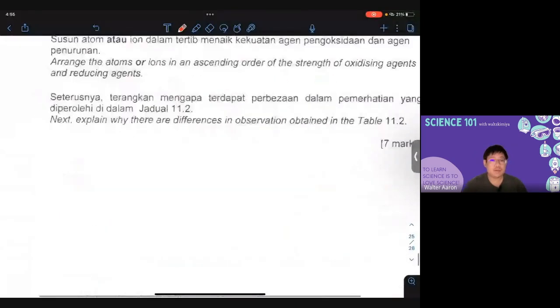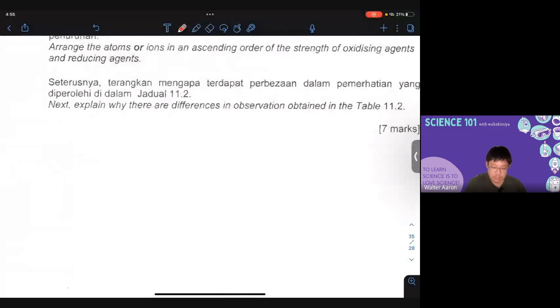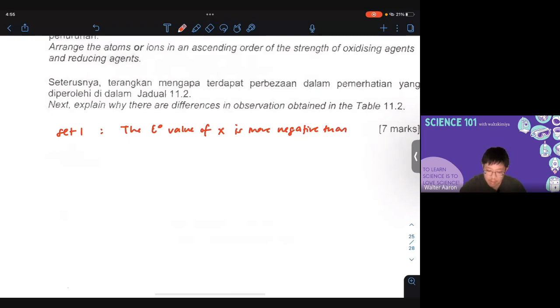So in this case, it's very easy. For set 1, you can say that the E naught value of X is more negative than copper, but less negative compared to zinc.